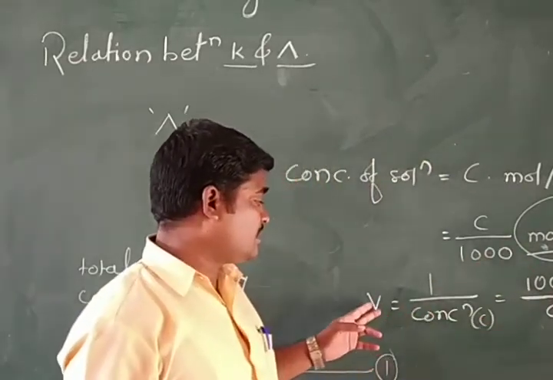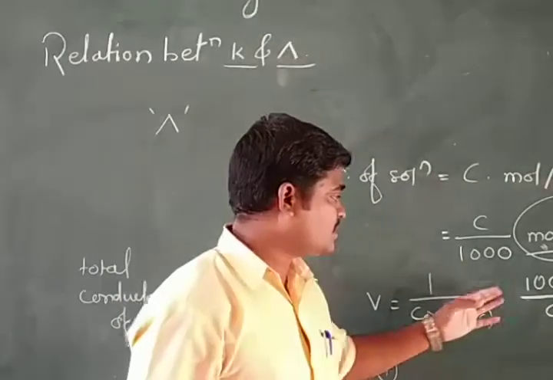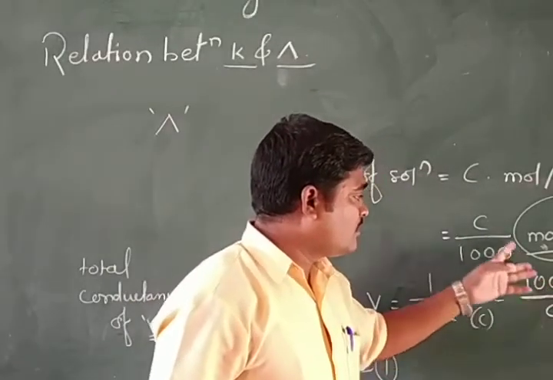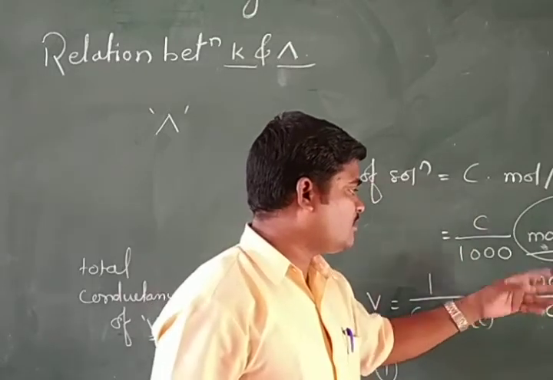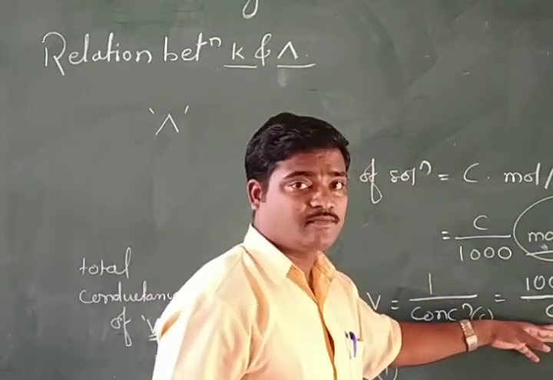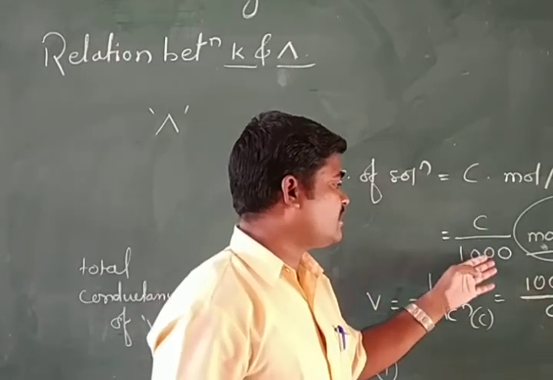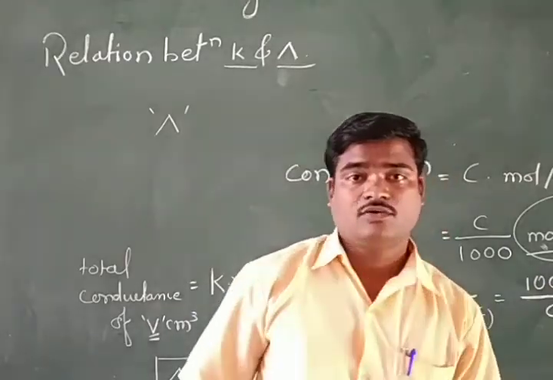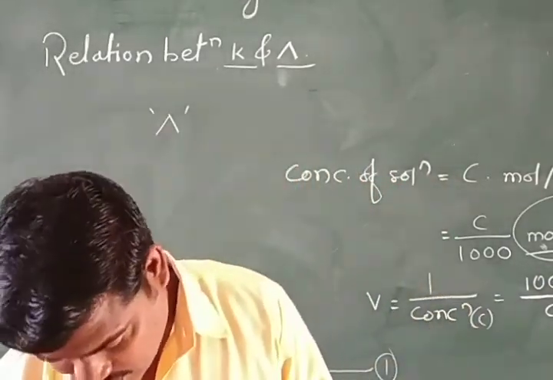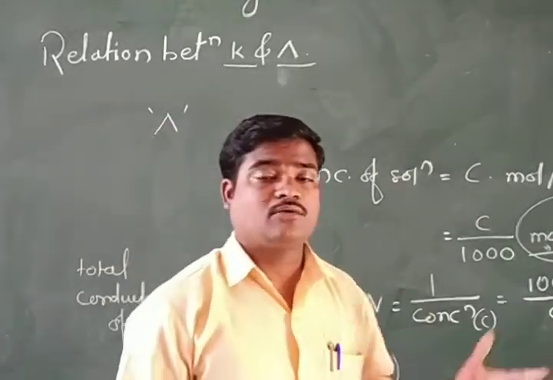We have calculated the volume V as the inverse of concentration, and substituting the concentration of solution, it becomes 1000 divided by C. As we determined concentration as C divided by 1000, the volume becomes its inverse, and its units also become inverse. So this is the volume that we have calculated.